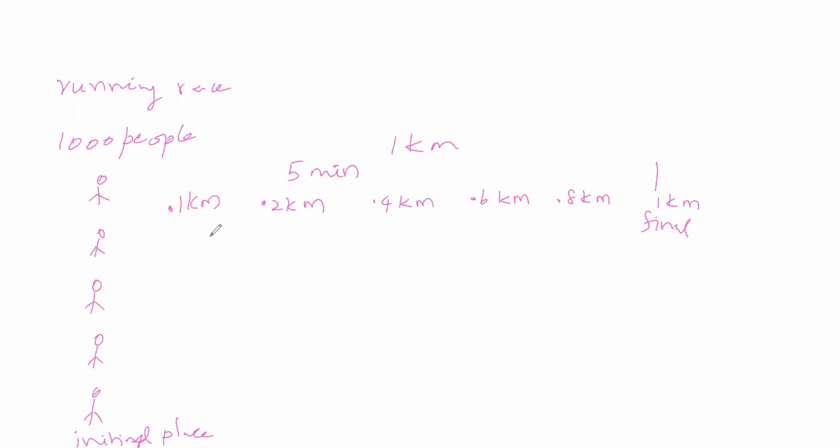That means different proportions of people will be there at different distances. But one thing we can judge: in which distance the proportion of people will be high.